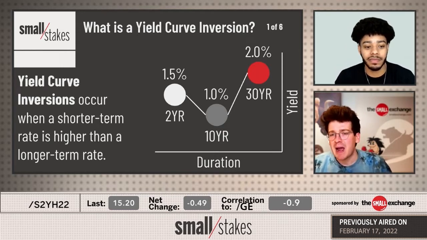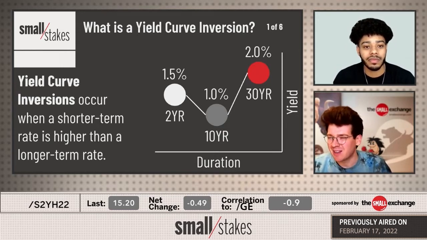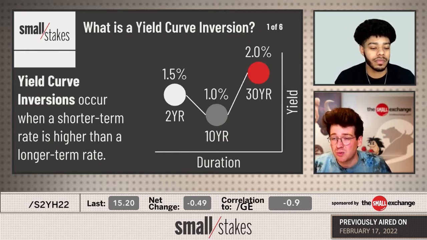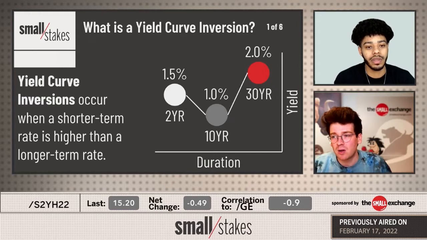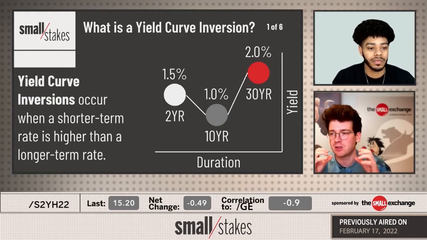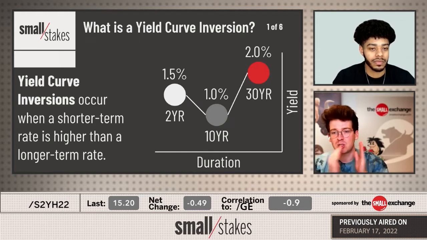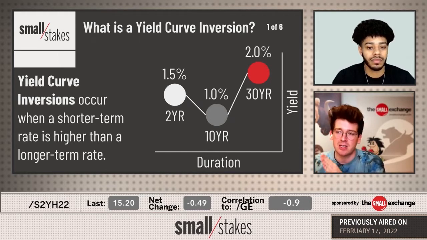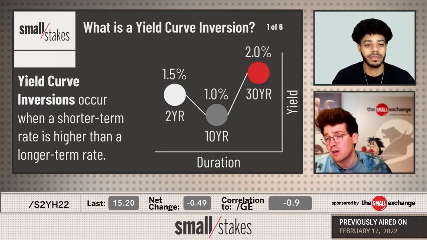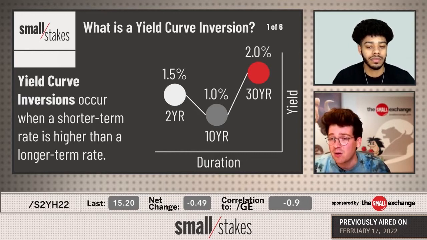I would say backwardation and contango are kind of cousins, but those have to do with the futures forward curve. Here we're talking about basic treasury interest rates that have 2 years of duration, 10 years, and 30 years. But yeah, there could be, technically, a forward curve inversion.